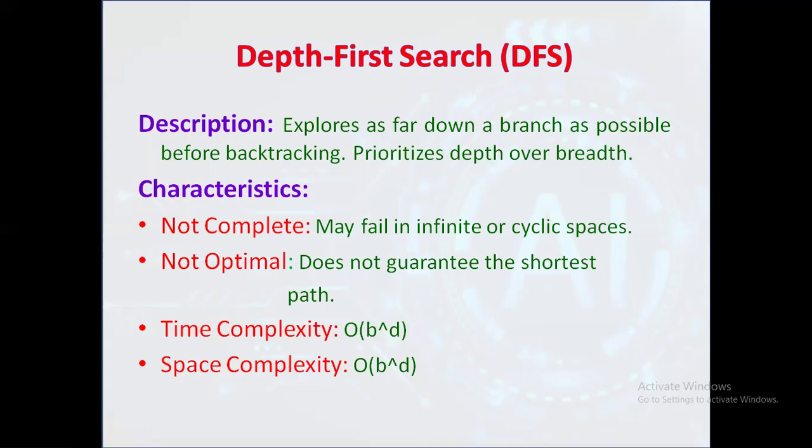DFS can be more space efficient than BFS because it only stores the current path. It is not complete, because in infinite or cycle search spaces it may fail to find a solution. DFS is also not optimal, as it does not guarantee the shortest path.